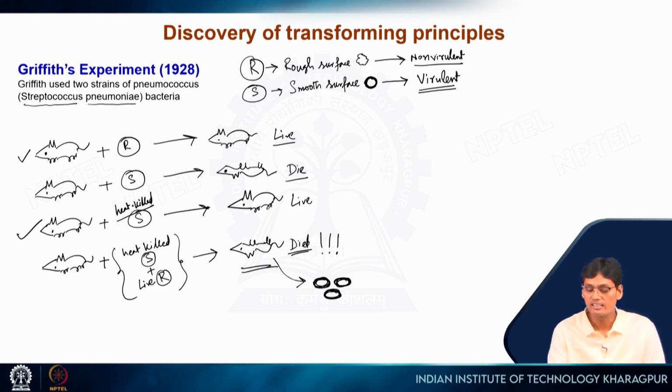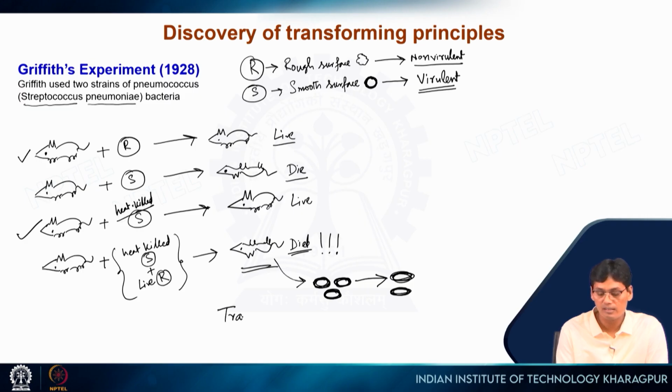Not only that, this transformation is permanent. If you grow these cells again and again in petri plates, they will give rise to smooth cell bacteria. That means this change is permanent, and he called this the transforming principle.